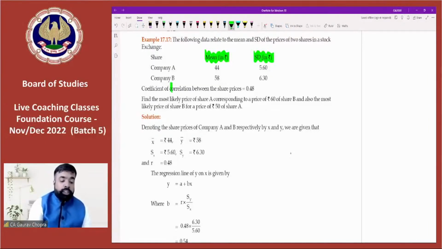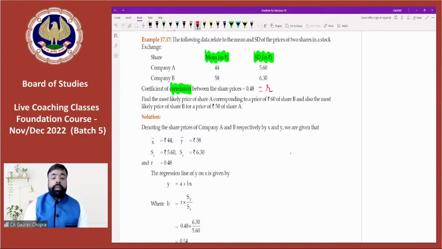The coefficient of correlation, that means the value of R, is also available. Then find the most likely price of A corresponding to a price of rupees 60 of share B. That means there is a share B whose price is rupees 60.